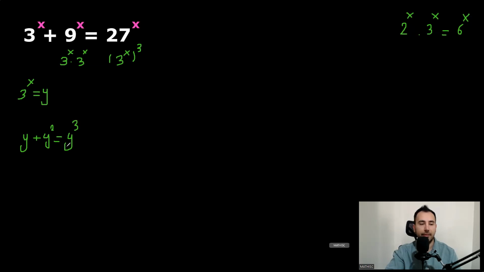I'll have everything on one side. And here I'm going to factorize y. For this to be 0, either y needs to be 0 or this needs to be 0. So I'll have two answers, maybe.